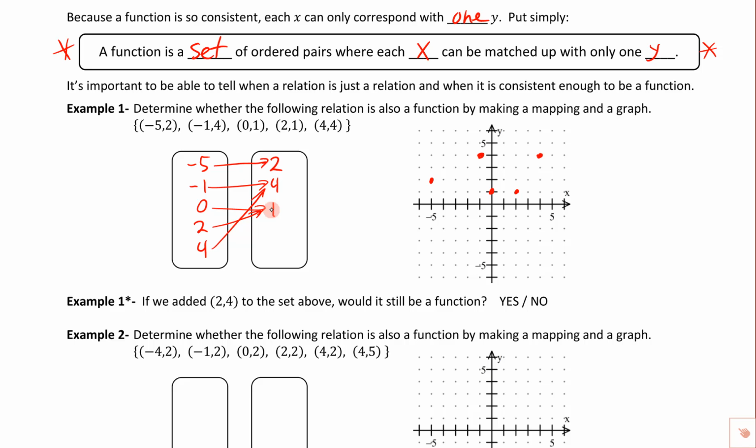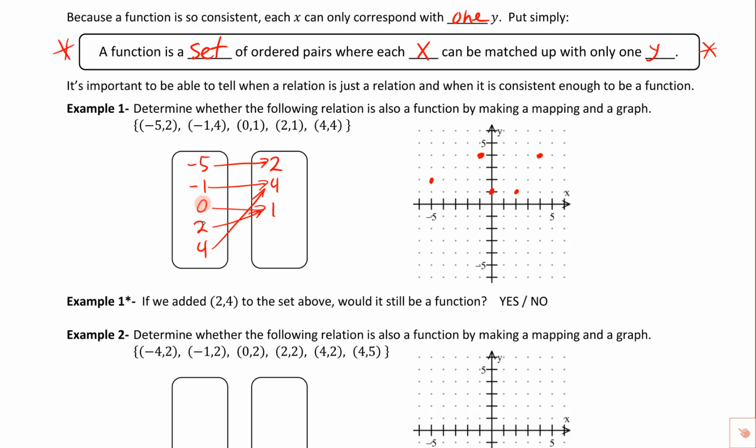Now, some people look at this and they say, well, wait a minute. This 0 and the 2 both correspond to 1, but it's important to keep in mind the definition. Each of the x corresponds with only one y. It's only matched up with one y. It doesn't say the other way, like each y can correspond with only one x. Okay, that's something that's a little bit more particular. So on this one, each x does correspond with only one y.